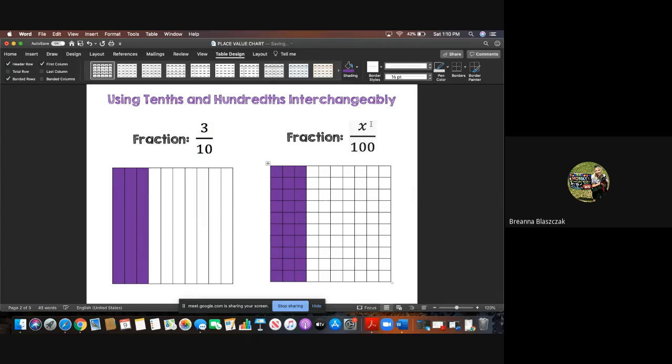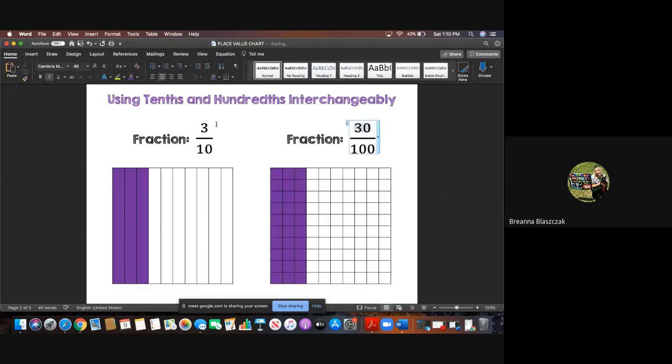We can also check using strategies that we've learned, such as creating an equivalent fraction. I know that I can multiply 10 times 10 to get this denominator, so I do the same to the top. 3 times 10 would be 30. So 3/10 is equal to 30/100ths. And if you count, we have 3 columns of 10s, that's 30. So we did shade the correct amount.